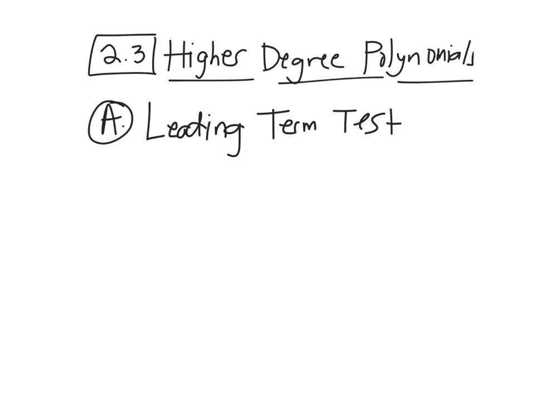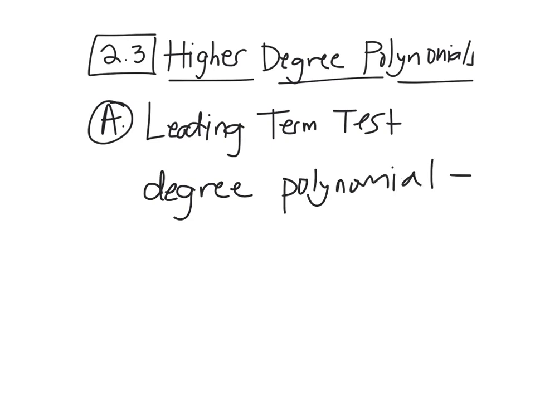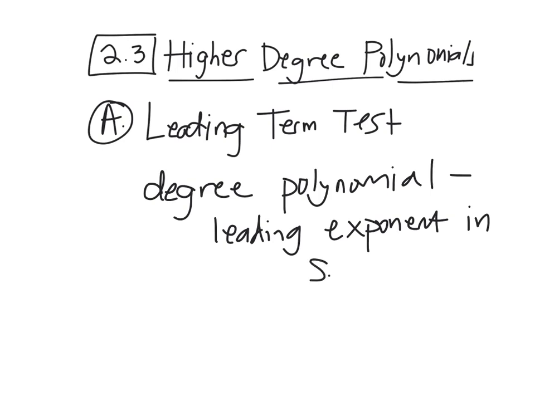First of all, you do know the degree of a polynomial, right? The degree of a polynomial is its leading exponent when it's in standard form. Standard form of a polynomial is descending order of exponents.